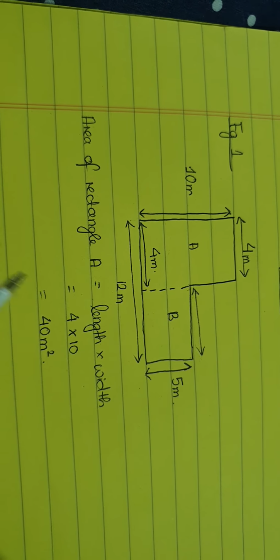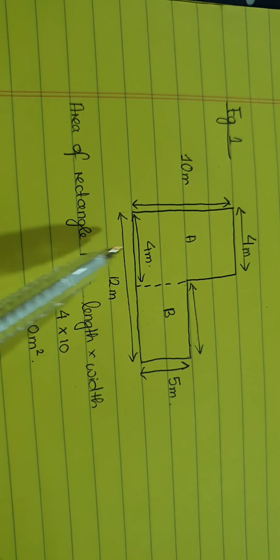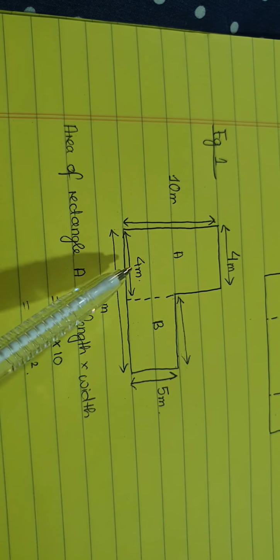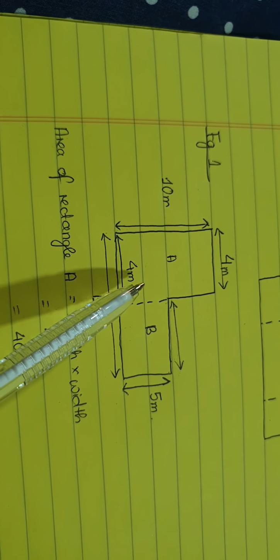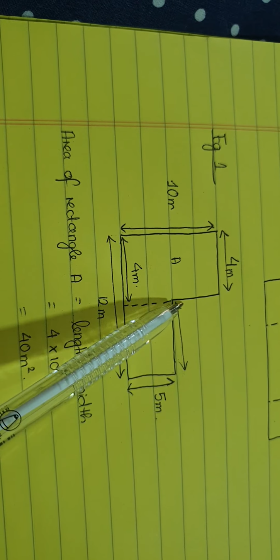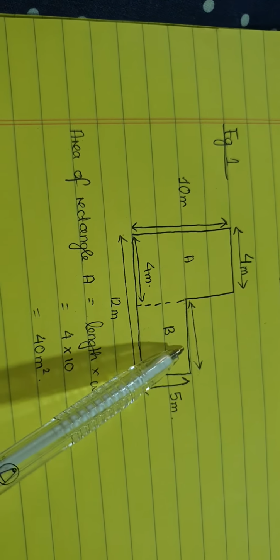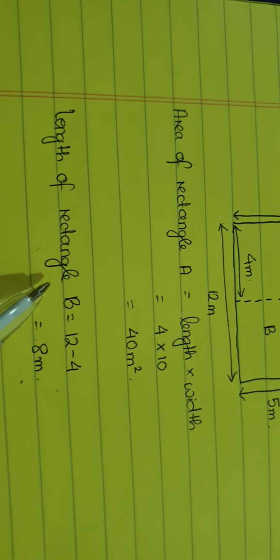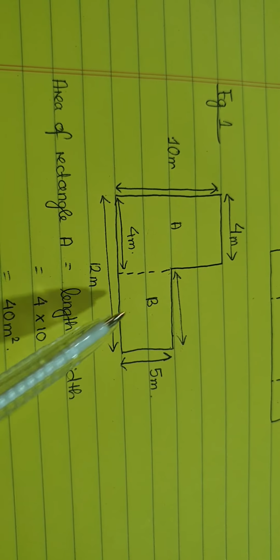So how do you do that? They have given you the total length of the figure. You know that this much from here to here is 4 meters. That means if we subtract 12 minus 4, then you will get the remaining length, which is the length of rectangle B. So length of rectangle B equals 12 minus 4, that is 8.